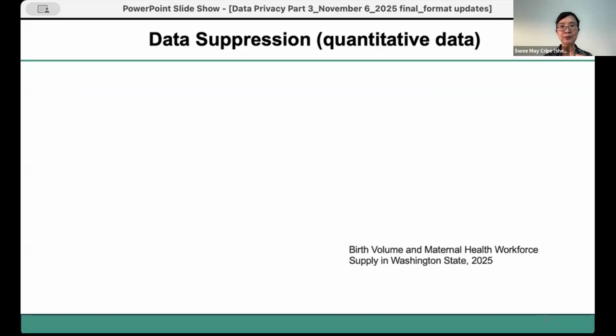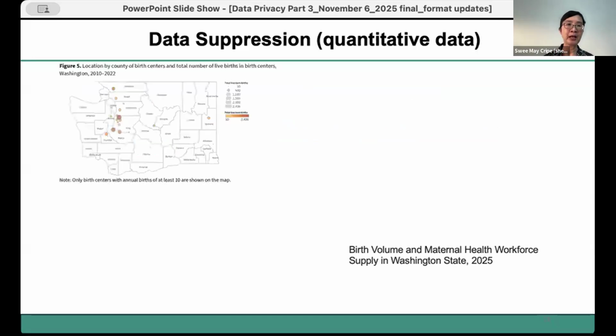Here's an example in a report that was submitted to the state legislature on birth volume and maternal health workforce in the state of Washington in 2025. The state legislature was interested in understanding how many births occur in birth centers in the state. This map shows the locations of birth centers.